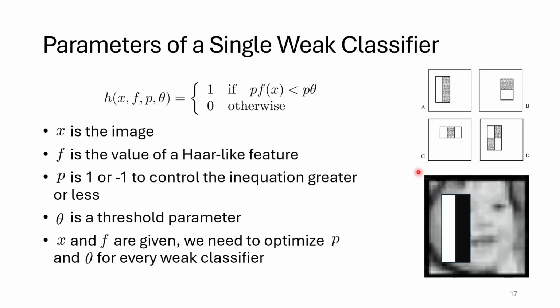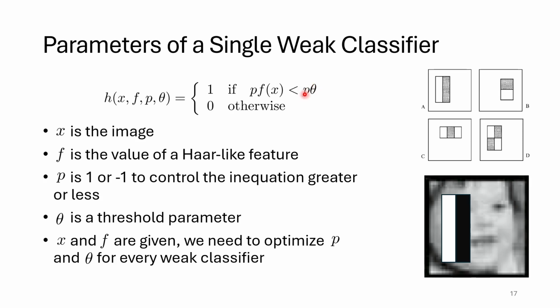In their case, as we said, there are 4 different types, and in the 4 types, there are many possible locations and shapes of the weak classifier. So the parameter they need to find is theta.